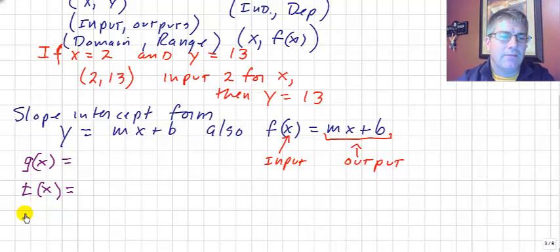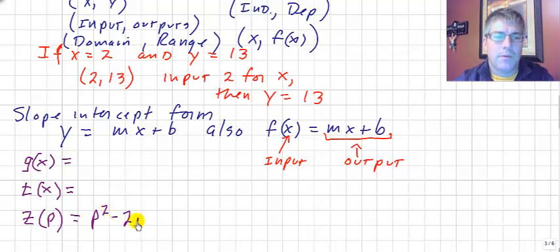We could even have z of p. So our function is z, and then p must be our inputs. So we could have p squared minus 2p plus 1. Okay, so that would be the function z of p. We input p. Here our input is x.